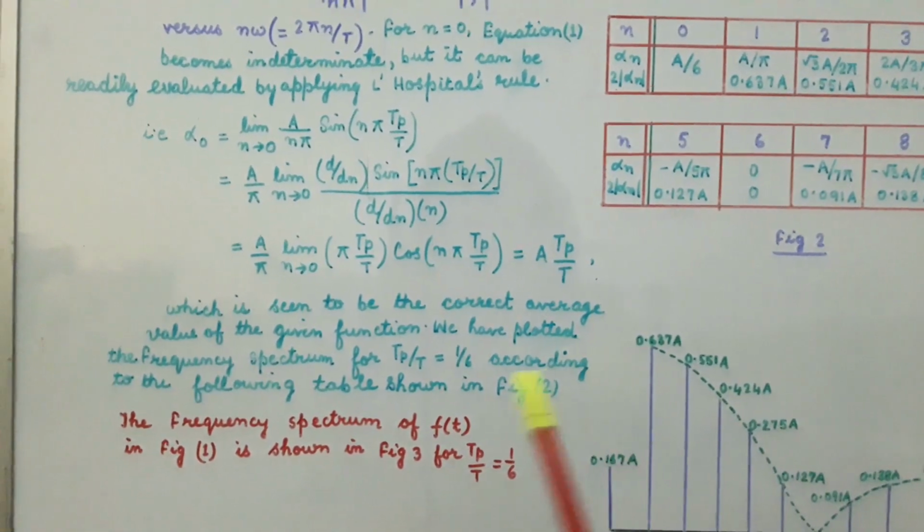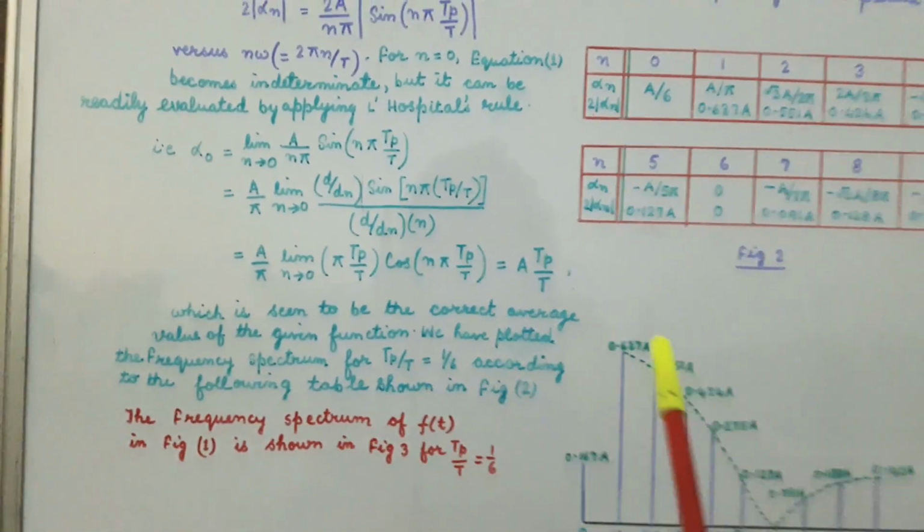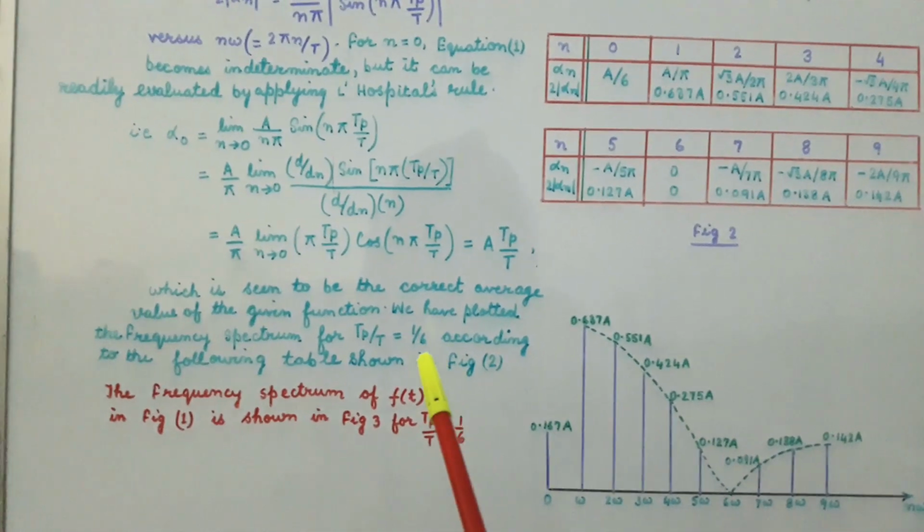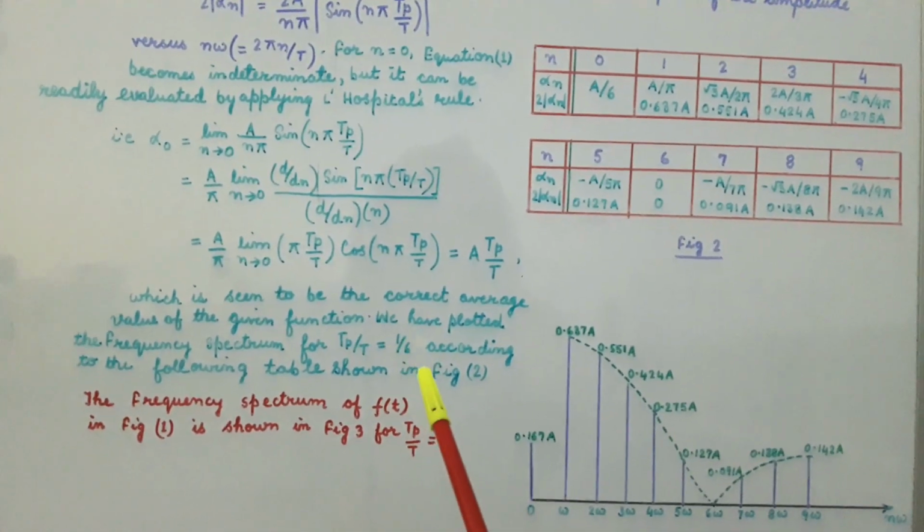Now, we have plotted the frequency spectrum in the given figure, for which we have taken the value of T_p by T equal to 1 by 6.